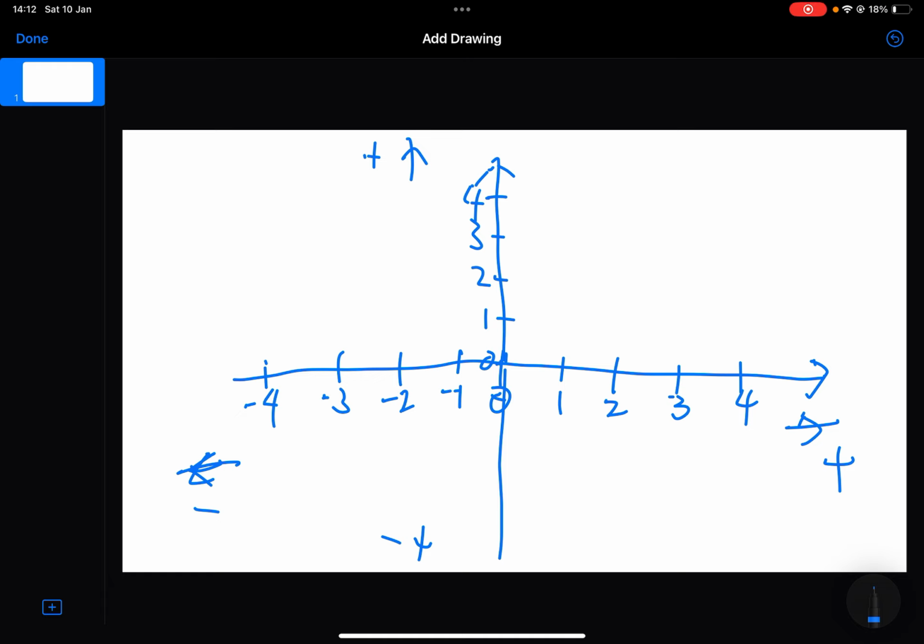Going down is the negative direction, so it becomes smaller: negative 1, negative 2, negative 3, negative 4. Smaller and smaller as we go downwards. So the horizontal line only cares about right and left. The vertical one only cares about up and down. How much I go up, how much I go down.